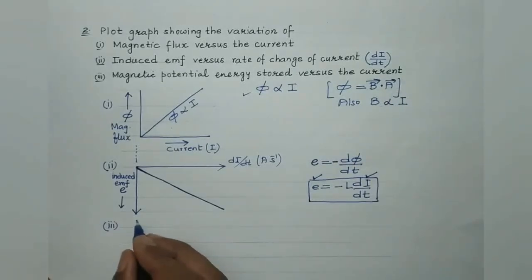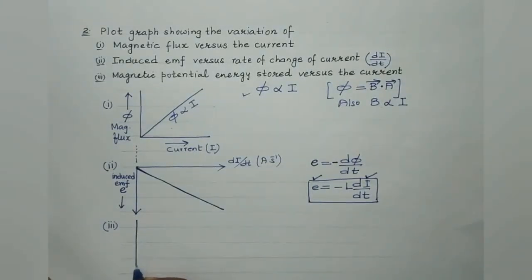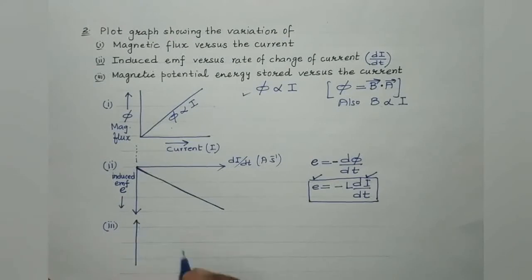So let us consider this axis to represent the magnetic potential energy, denoted by U. And suppose the horizontal axis denotes the current I. So this is current, and this is magnetic potential energy.